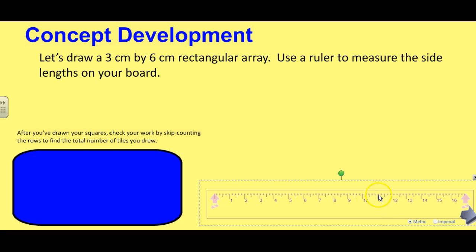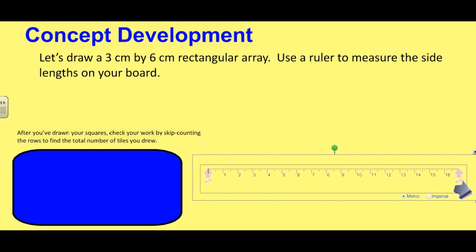So on your board, you're going to need to take your ruler, and I'm going to draw a line from the beginning all the way to 6, and I want you to do the same thing with yours. I'm going to move mine up a little bit. If you need to push pause to draw your line, make sure you're doing that.